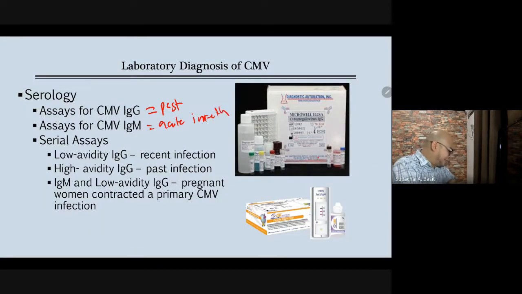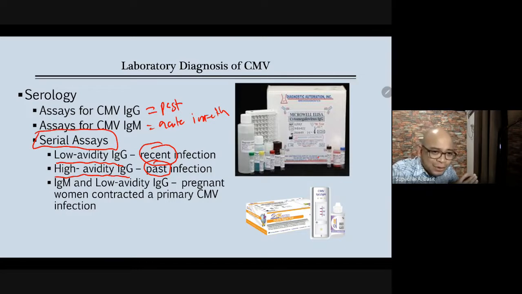However, in the serial assay, the IgG and the IgM assay is further classified as low avidity or high avidity. For example, if it's a low avidity IgG, it will determine a recent infection. But if it's a high avidity IgG, it will determine past infection.